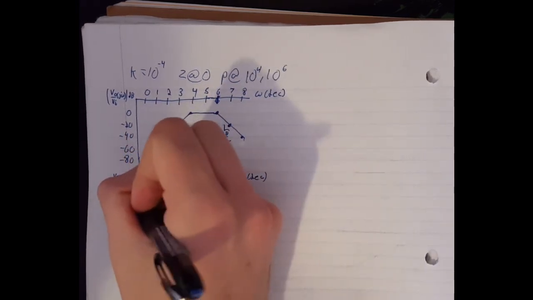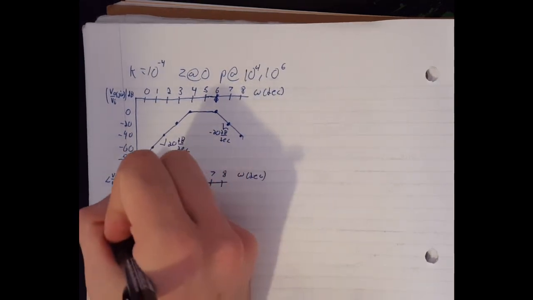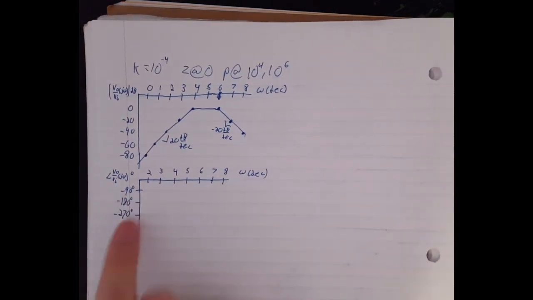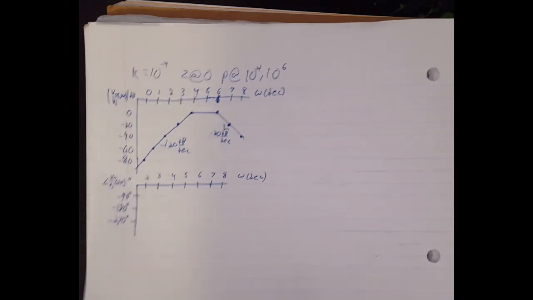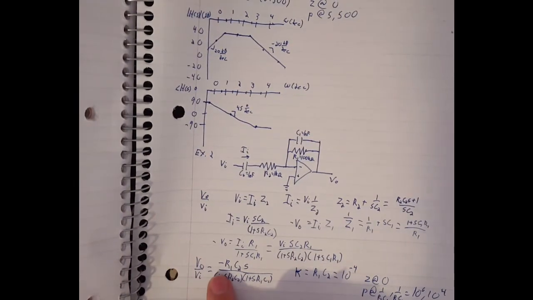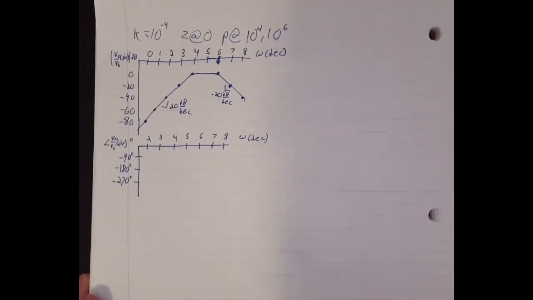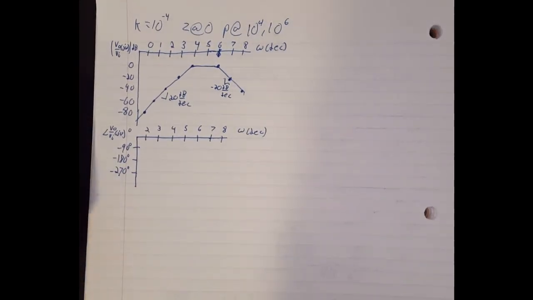Start at negative 90 degrees, negative 180 degrees, negative 270 degrees. Okay, so now we got to figure out where we start. So we have the 0 at the origin, which gives us 90 degrees. However, we also have this negative here, which contributes either plus or minus 180 degrees. So I chose to do negative 180 degrees just because that keeps it close to 0.